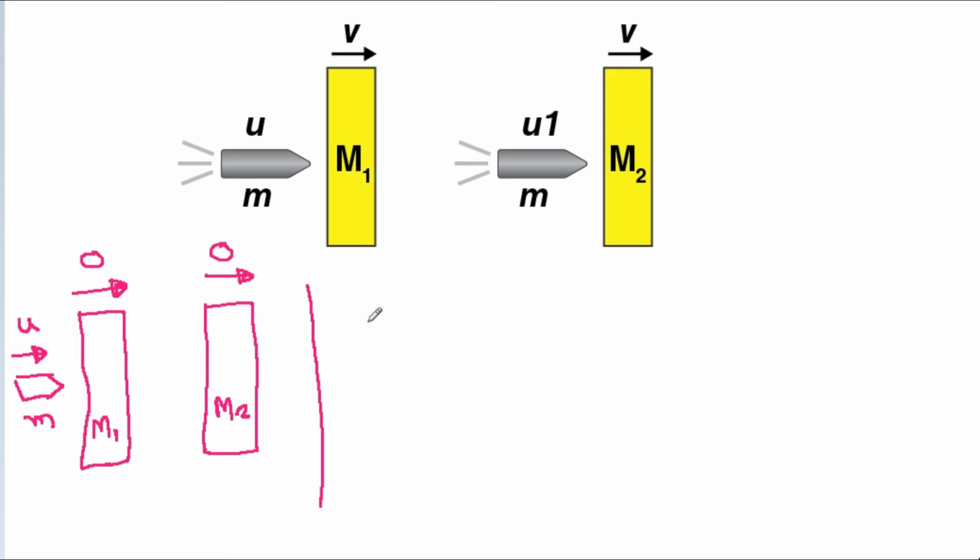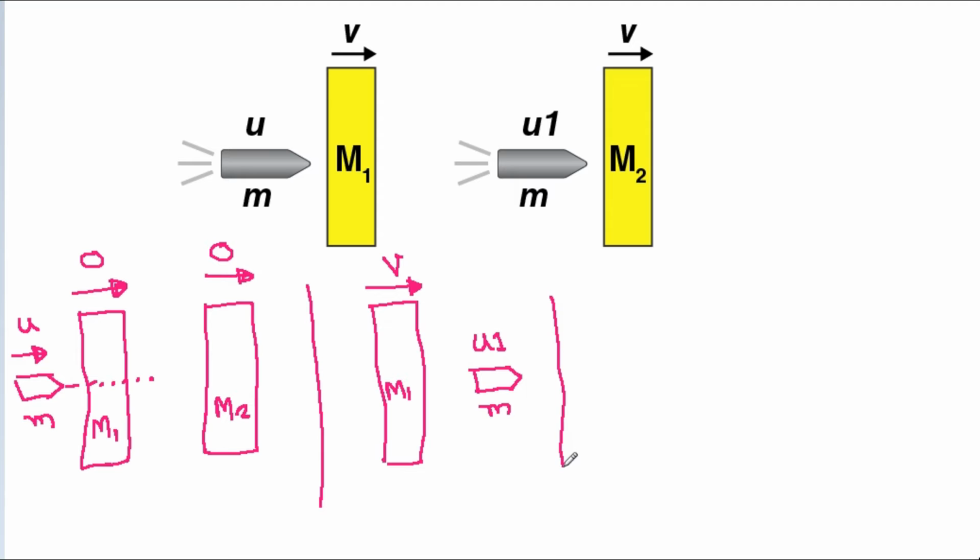And in case 2, this is the punnet of mass m1 and the bullet is piercing punnet 1. The bullet has come here and its mass is m, and the velocity of the bullet has decreased from u to some u1, and the velocity of punnet 1 has increased from 0 to v, and this is punnet 2 of mass m2 and the velocity of punnet 2 is still 0.